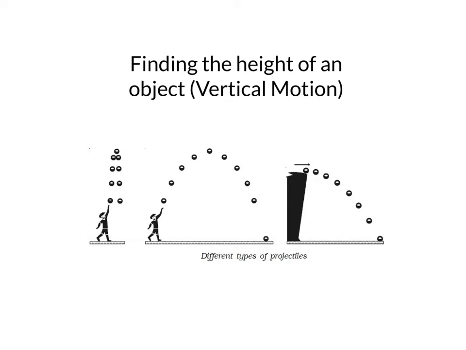Okay, so the last thing we want to talk about here is finding the height of an object, which we call vertical motion problems. We're going to talk about these throughout the rest of this quadratic unit. So we're talking about something that's going up into the air and coming back down.